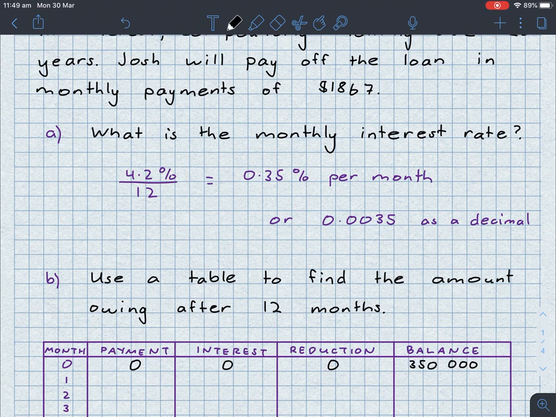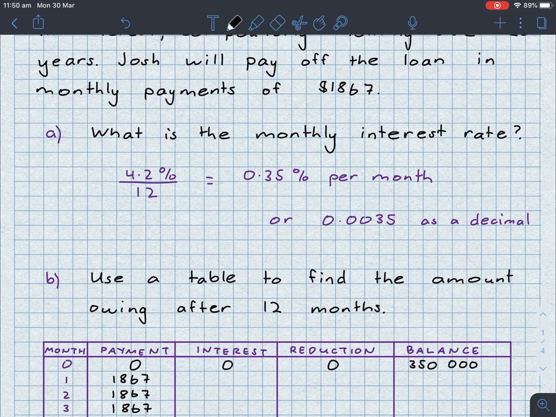So at month number 1, the payment is $1,867. That's actually going to be the same for the whole 12 months. So we can fill it in exactly the same down that column. The interest, we just worked out that it's 0.35% per month.